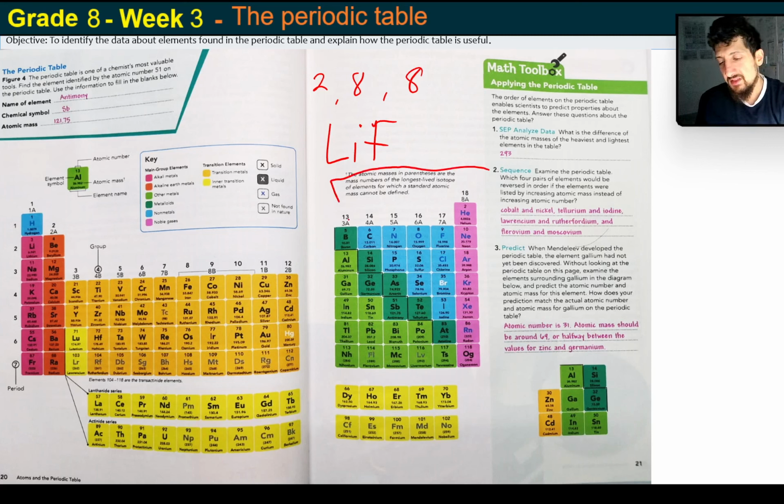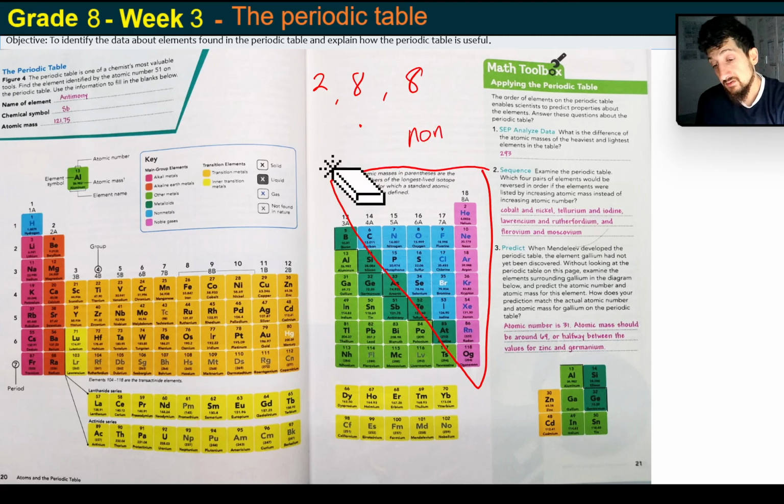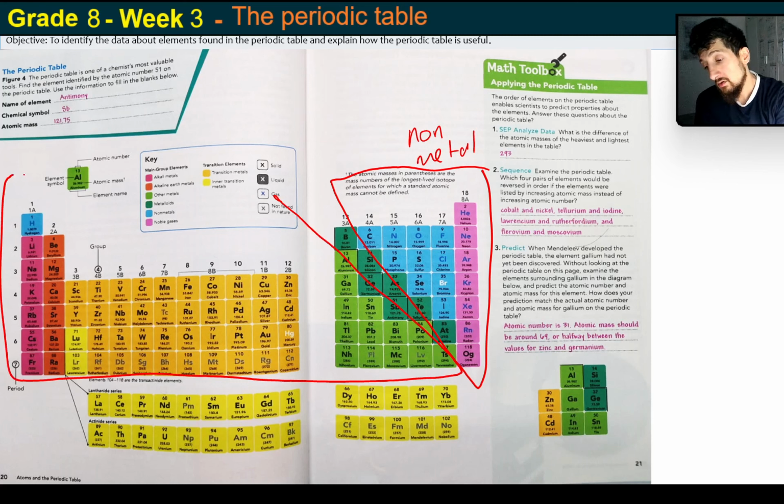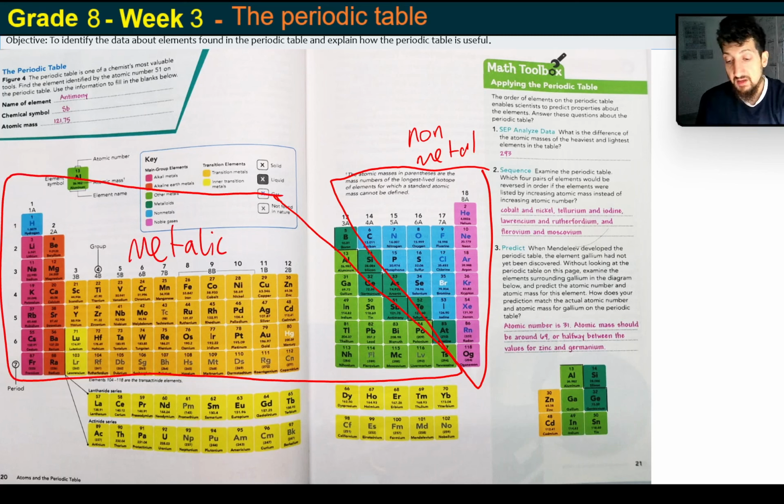So everything here is what we call a non-metal. Let me just get rid of lithium fluoride there. Non-metal. While everything over here is what's known as metallic elements, or metallic. What about this group here, this slice in the middle with the dark green? Well, these are metalloids.